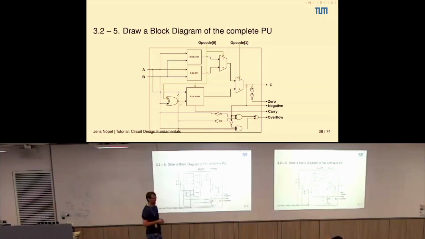So maybe let's start with the first operation, which is an AND operation. So what we do is we take input A and input B, feed those to the AND operation, right? And this is nothing else, so it could be just a large AND gate.